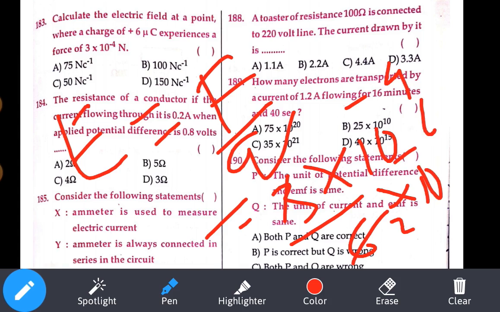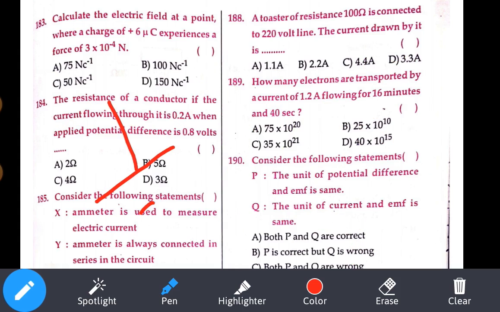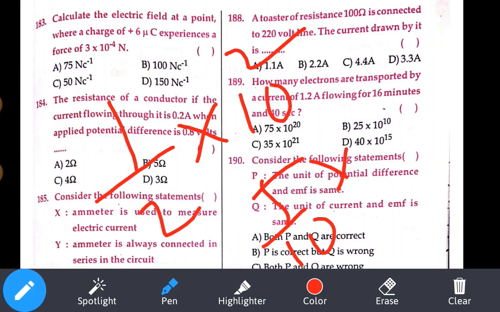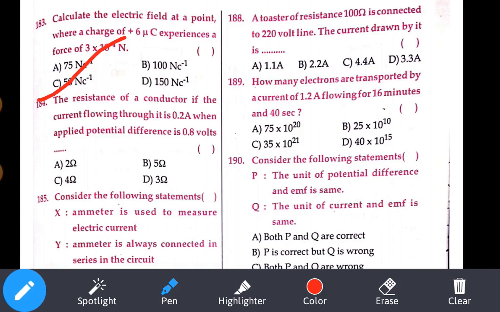So 1 by 2, 10 power minus 6 goes upwards, means 10 power 6. 6 minus 4 is 2. So 1 by 2 into 10 to the power of 2. 1 by 2 is 0.5, which is 5 by 10 into 10 square. So the 10 and the square get cancelled, and what is left behind is 50. So option number C is our answer.